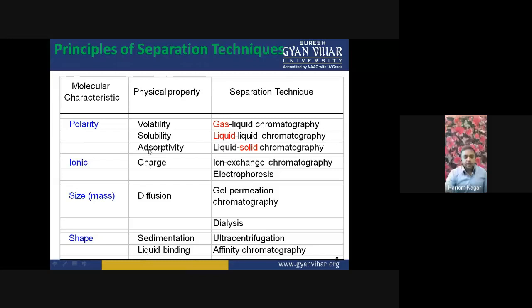If we are talking about the specific technique, liquid solid chromatography, then adsorptivity is the basis of the separation of the components. How is this so? Because components which have different polarity will adsorb to the solid stationary phase to different extents.